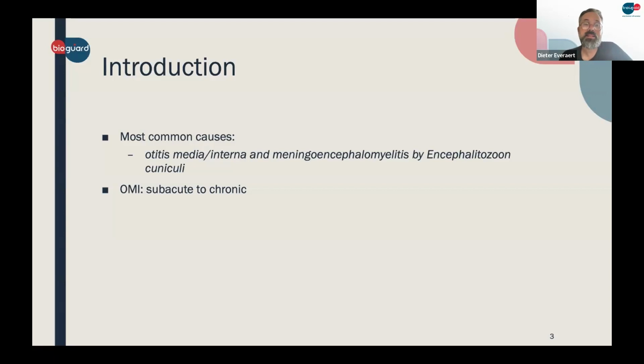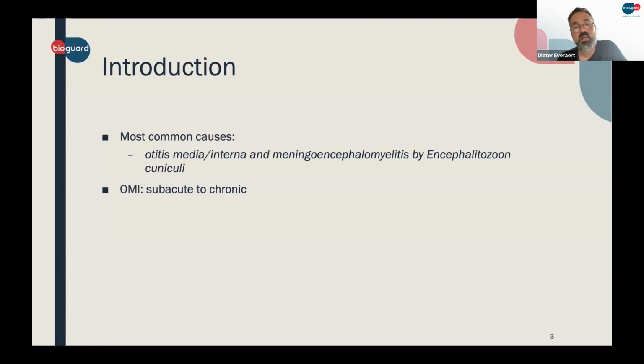Otitis Media Interna is quite often a subacute to chronic onset. It's something that's going on for a longer time, and then suddenly they become sick. With Encephalitozoon Cuniculi, it's quite often a really sudden onset of the disease, especially after some stressful events.